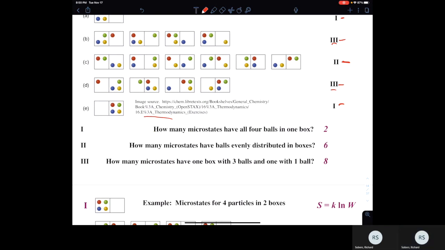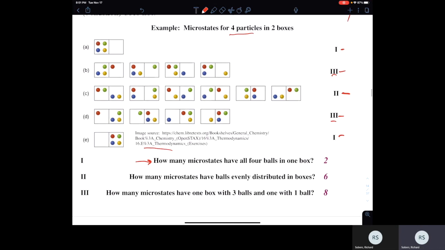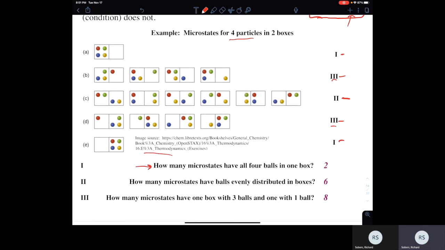So if I take description 1, how many microstates have all 4 balls in one box? Not discriminating left or right, just all 4 balls in one box? Well, there's 2 of them. Okay. So W would equal 2 for that description.